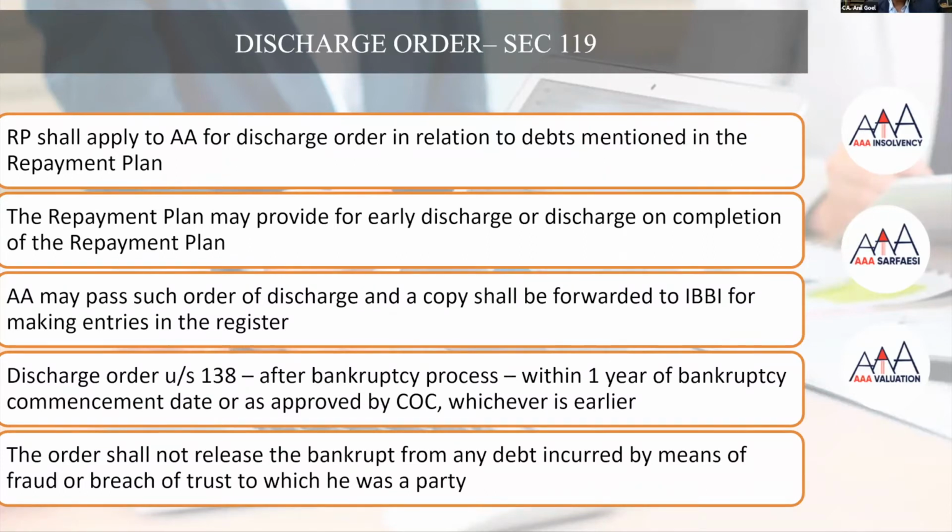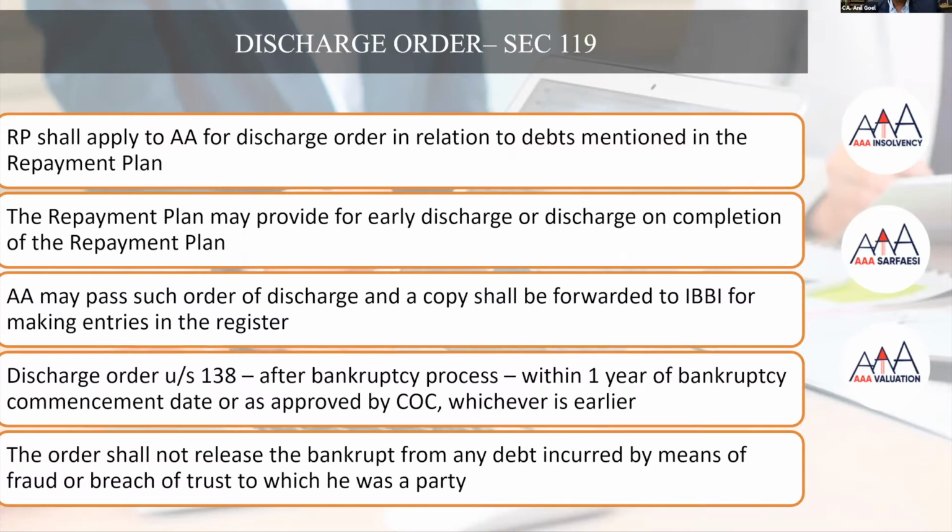Thereafter, the repayment plan implementation will start. If the repayment plan is for 3 years, the RP will continue for 3 years, will monitor the repayment plan, and finally, it is the duty of the RP to apply to the adjudicating authority for the discharge of the debtor, and only for those debts which are mentioned in the repayment plan, not all the debts.